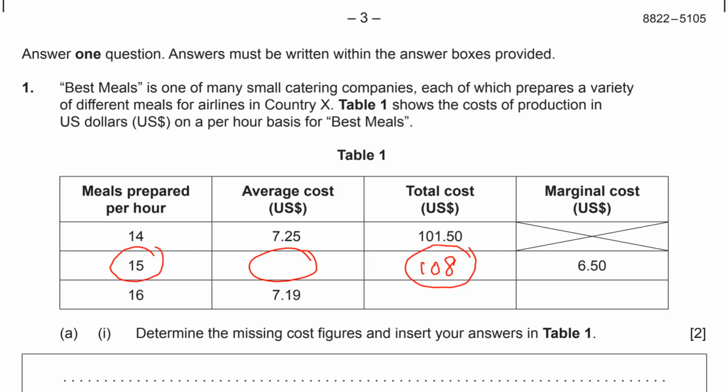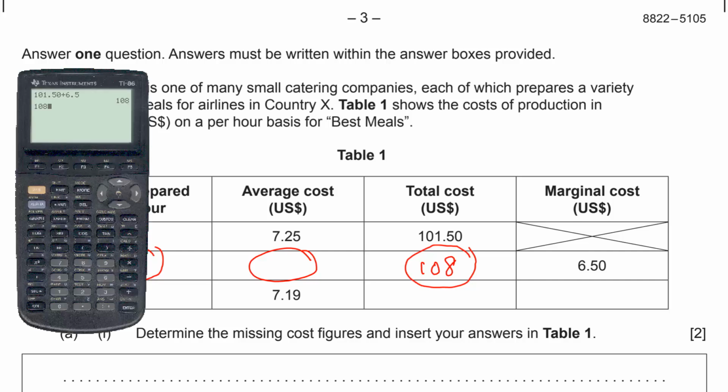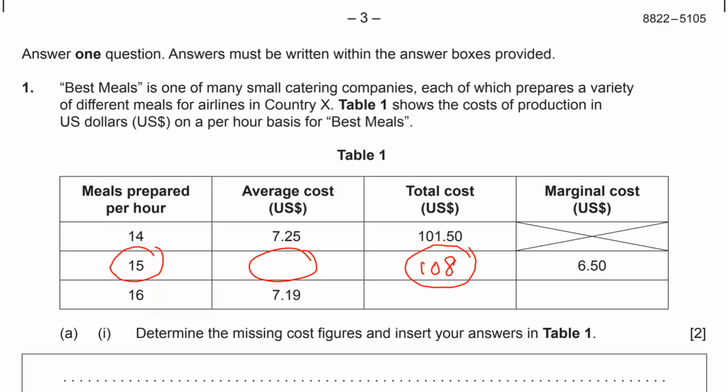So on average, per meal, that's going to be $108 divided by 15. So if I go 108 divided by 15, that's going to give me an average cost of $7.20. So let's plonk that in over here.